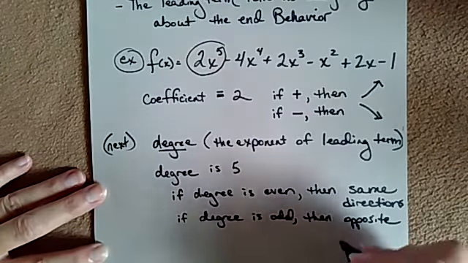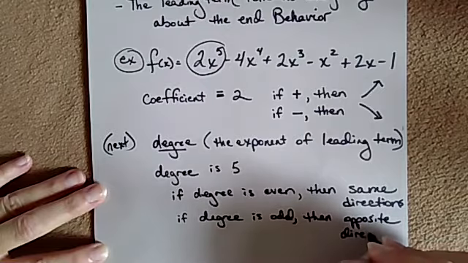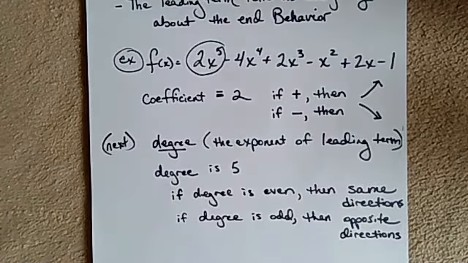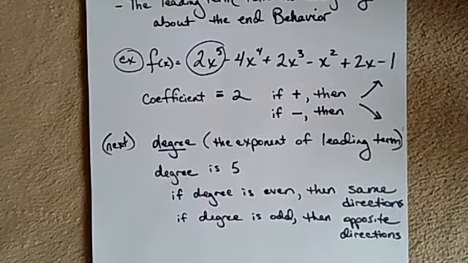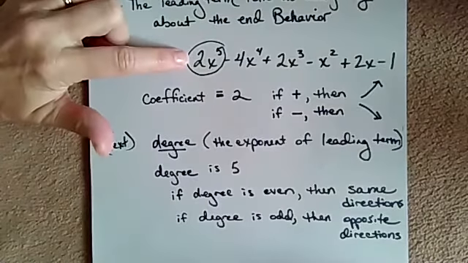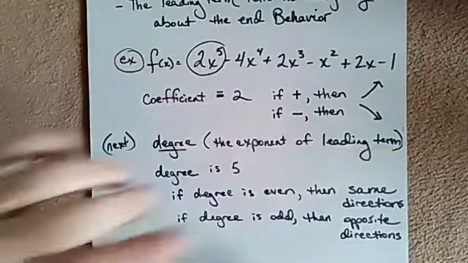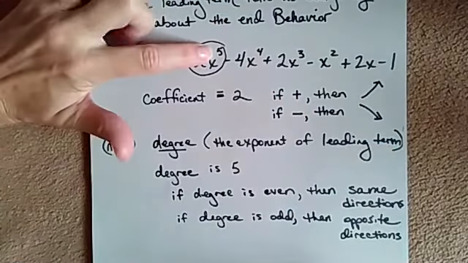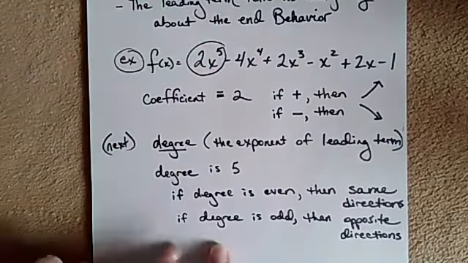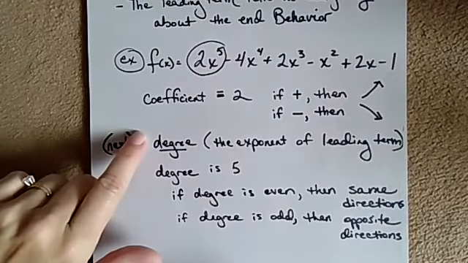Makes sense, opposite directions. Okay, so when I look at an example like the one I gave you, I particularly choose to look at the coefficient first so we know which way it ends to the right, either up or down. And then the degree tells us it's either going to go the same way or opposite.